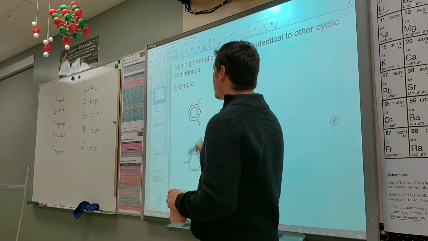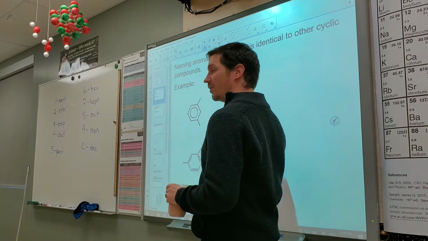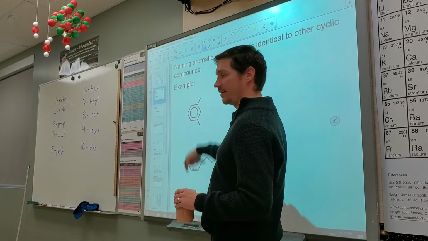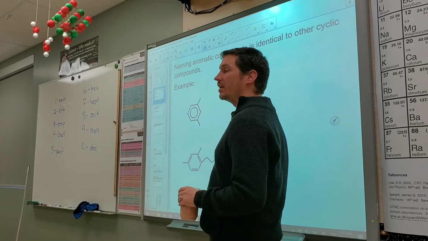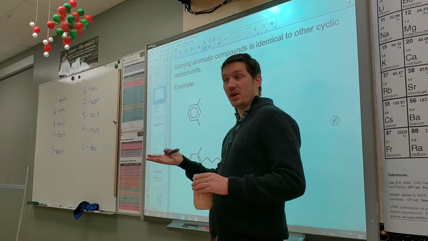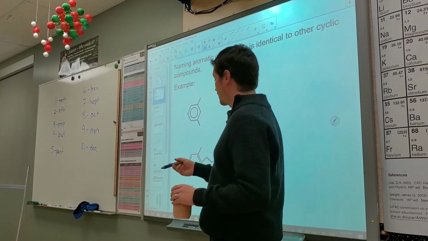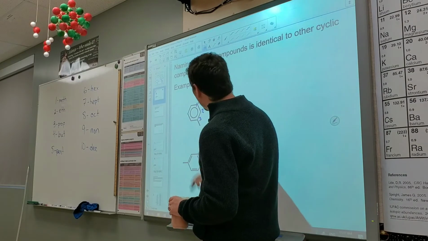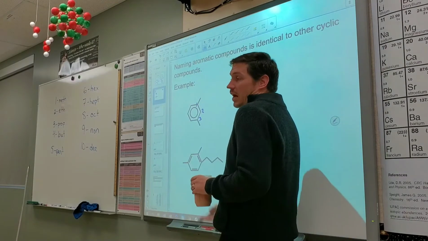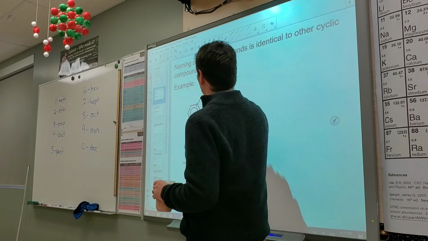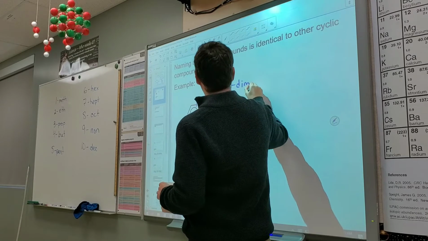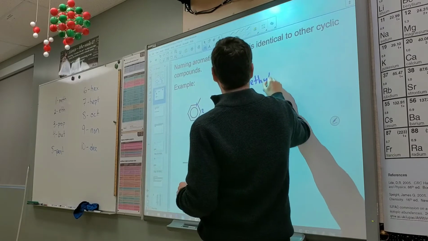So instead of cyclohexene or cyclohexane or something like that, okay, how many methyl groups are on here? 2. And we should probably start numbering at one of the methyl groups, right? So this is going to be 1, 2, 3. So how would we write this normally? 1,3 dimethyl benzene.